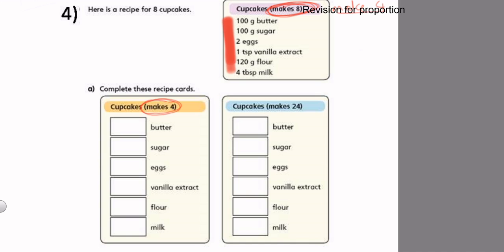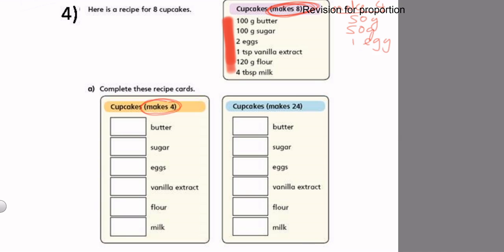Remember, half of 8 makes 4. So I need to halve all the ingredients. Not 100 grams, half of 100 is 50. 50 grams of butter, half of 100 grams sugar is 50 grams sugar. Half of 2 eggs is 1 egg.